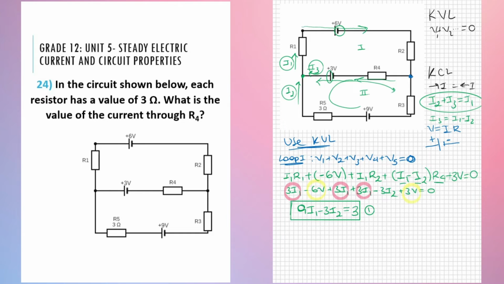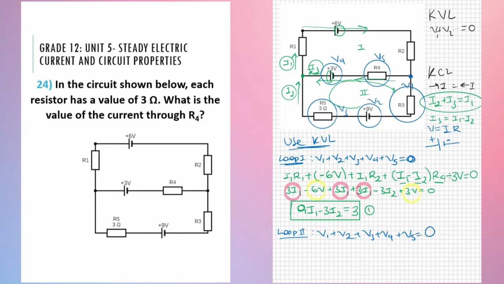So let's consider this as V1, this as V2, this as V3, this as V4, and this as V5. Again, the same formula still applies. When we look at loop 2, the sum of each voltage, V1 plus V2 plus V3 plus V4 plus V5, will all equal 0.